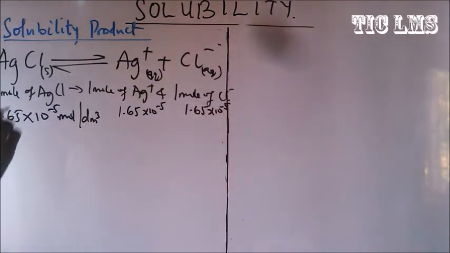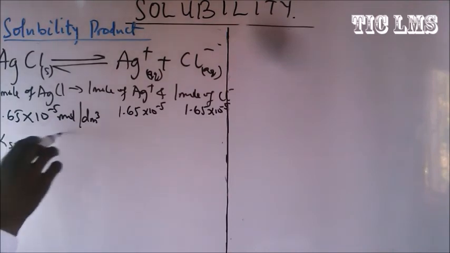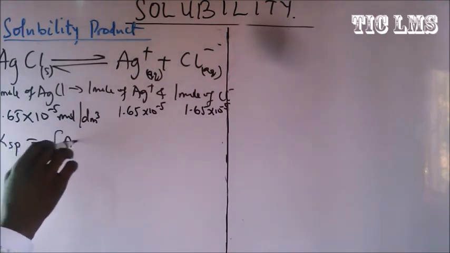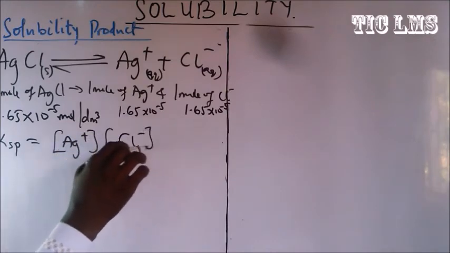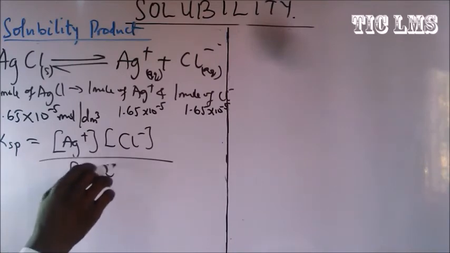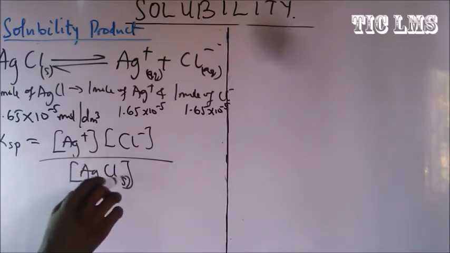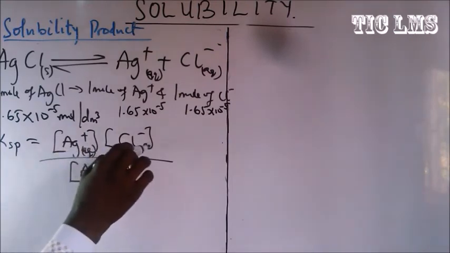Next, we have that the solubility product constant of silver chloride is equal to the concentration of silver ion multiplied by the concentration of chlorine ion divided by the concentration of silver chloride. Here we have solid, we have liquid, we have aqueous over here.